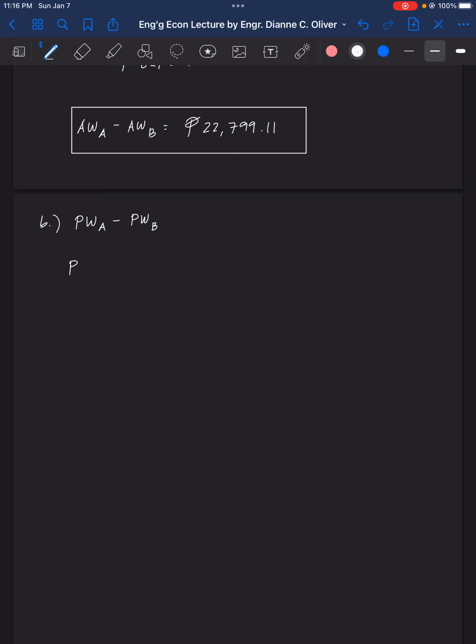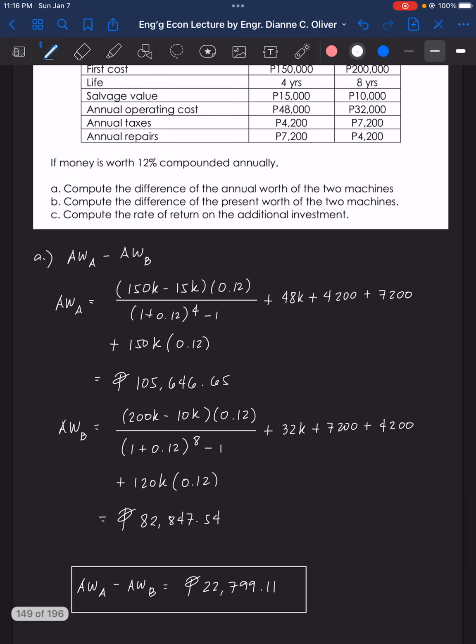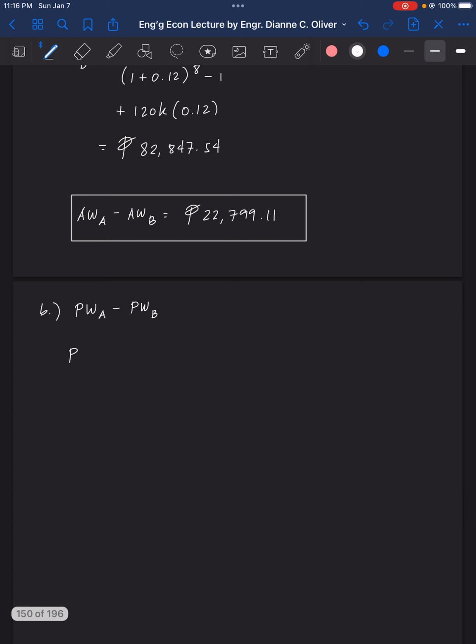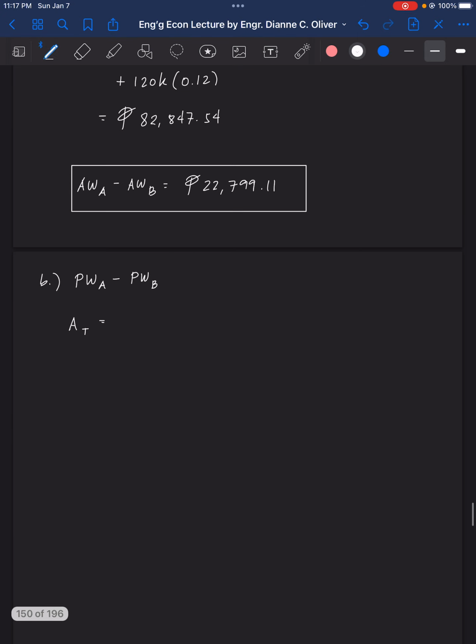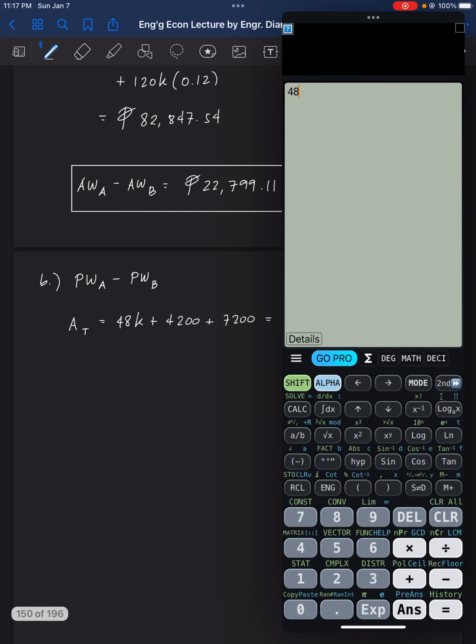We have a total annual cost of 48,000 plus 4,200 plus 7,200, so that is 59,400.